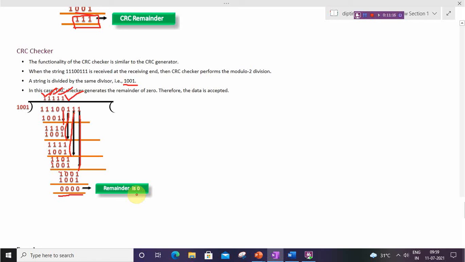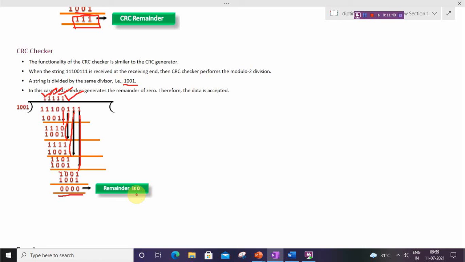Okay, this is the concept of cyclic redundancy check. First, n number of 0s is added to the data unit, where n is the number of divisor bits minus 1. If the divisor is 4 bits, then the number of 0s will be 3.